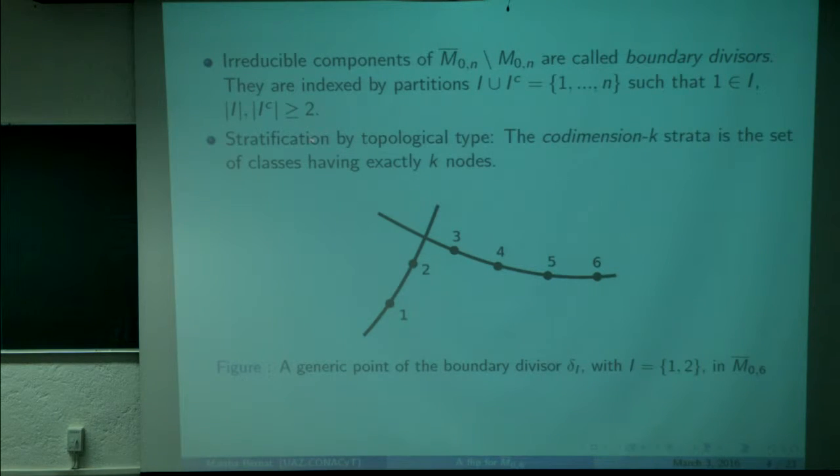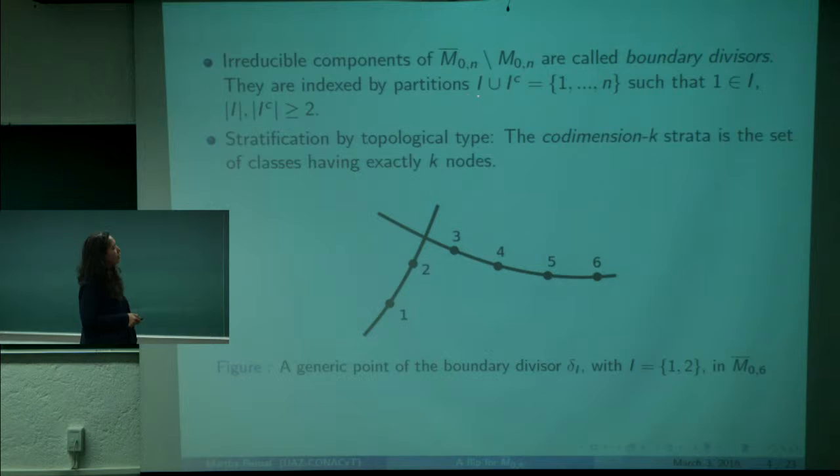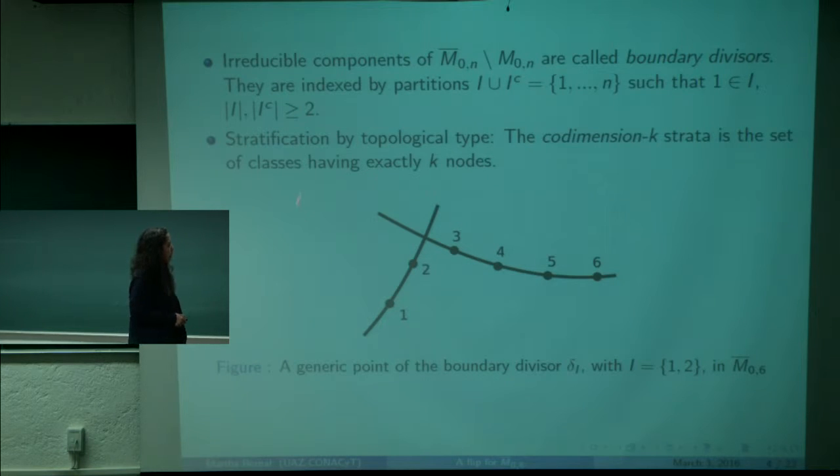So the boundary is parameterized by partitions. How many ways can you divide this set? And in such a way that every side of the partition has at least 2 elements. This ensures that you don't have unstable things here.